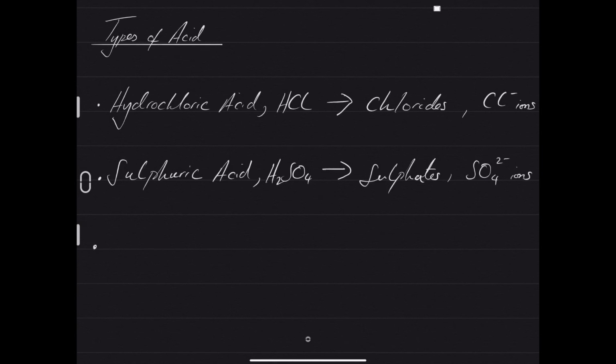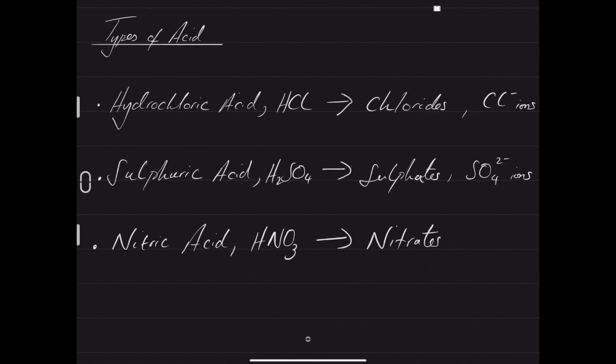The third acid is nitric acid. This has the formula HNO3, and this always gives nitrates. And it contains the NO3- ion.